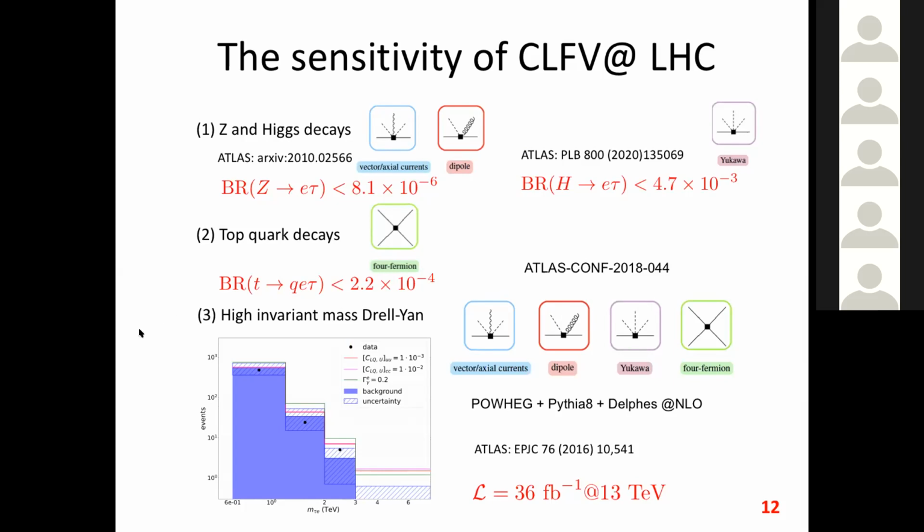For example, you could constrain the vector and axial-vector current type operators from Z decay to tau, and also get constraints on the dipole type operators from Higgs decay to tau. You also could get constraints on the four-fermion operators from top decay, and also from the J/psi process. We could also constrain many operators. So in our study, we also include all the possible constraints from the LHC.